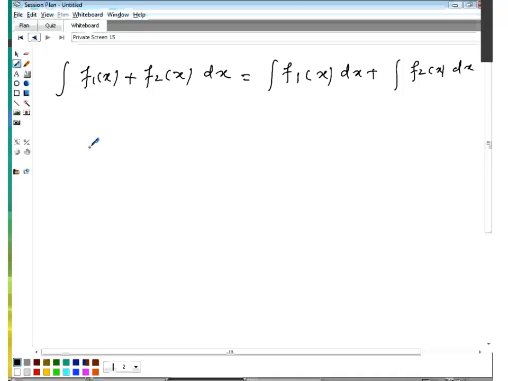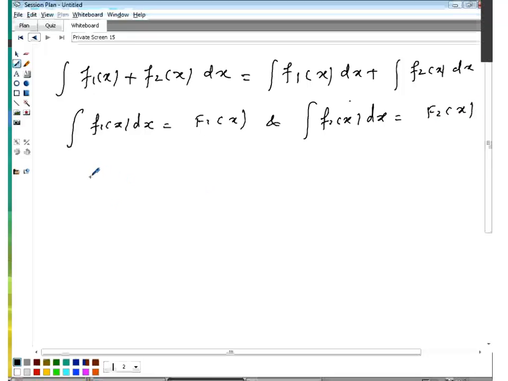Let this fellow and that fellow also. This fellow be something, maybe capital F1. Again, don't bother about arbitrary constant. You can take it to be inside F1, and let this be this.